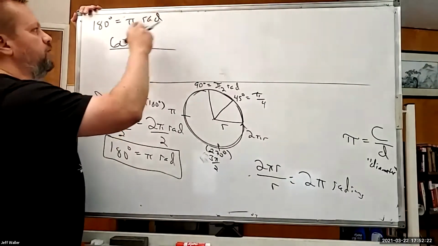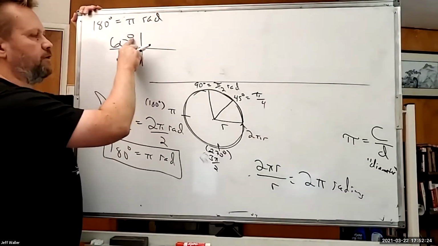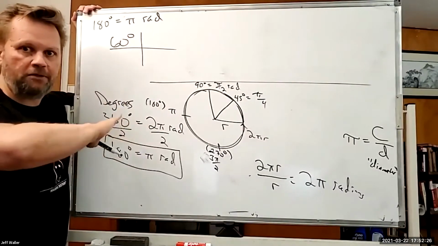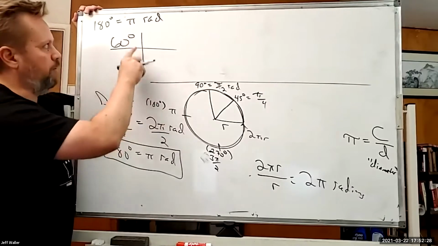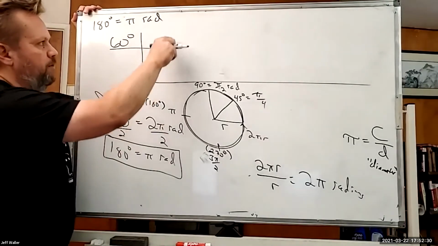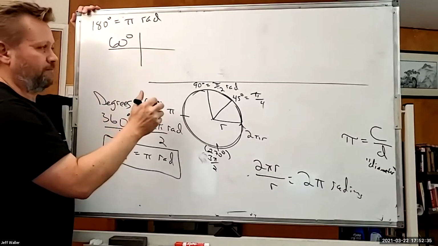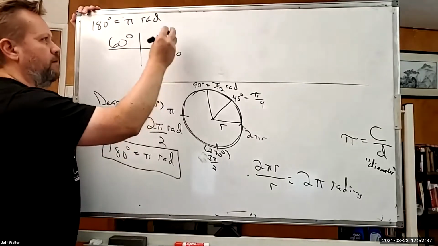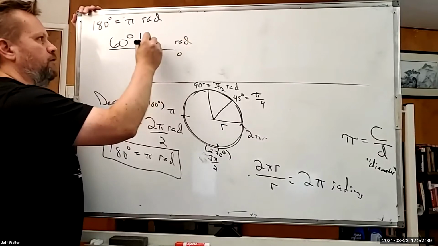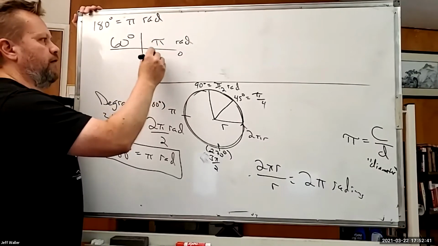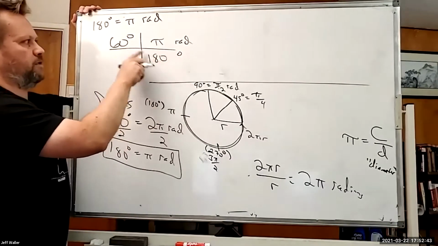If I want to go from degrees to radians, I want to kill degrees. Is everybody with me? So where would you put degrees, on the top or the bottom, if you want them to cancel? Bottom. So the rads go up top. There's pi radians for every 180 degrees, so I'm just going to divide.